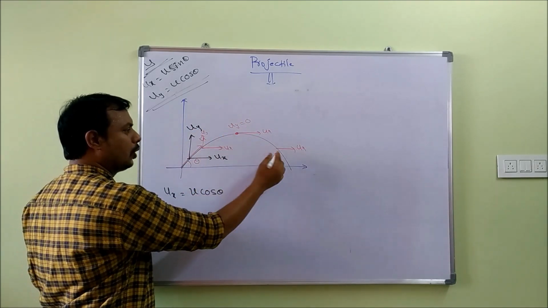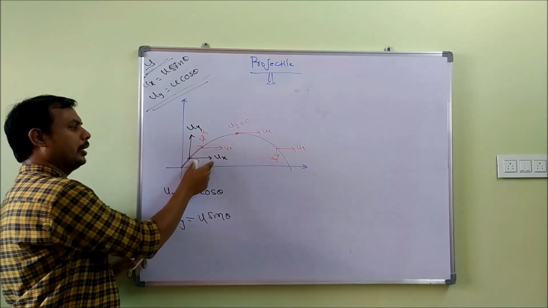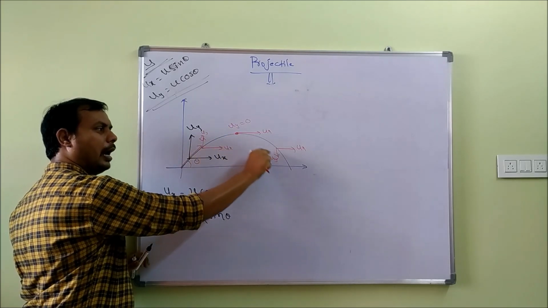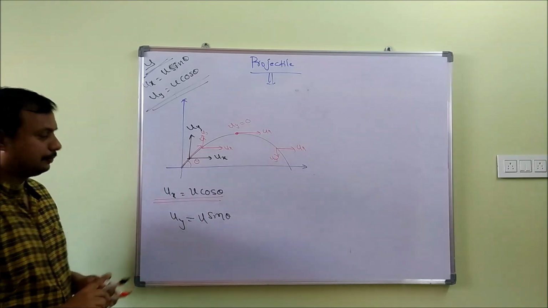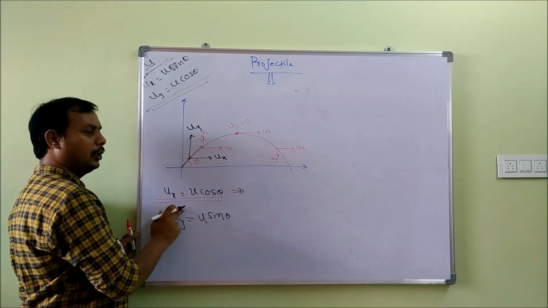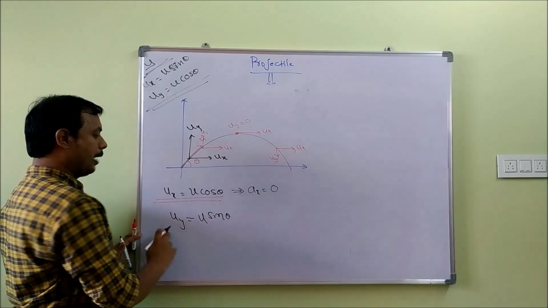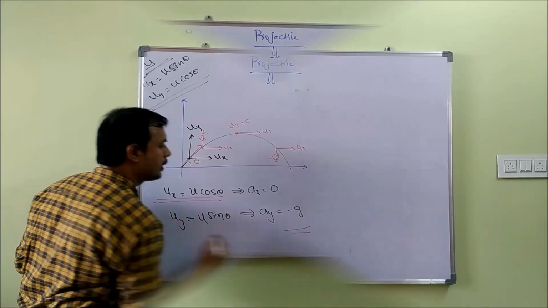When it reaches the ground, uy again increases. Ux no change, uy decreases, becomes 0, and again increases. So what happens to the corresponding acceleration? Ux is u cos theta, with no change in its value, so the acceleration ax is 0, and the vertical component of acceleration ay equals minus g.